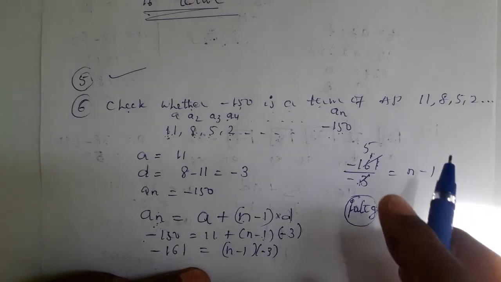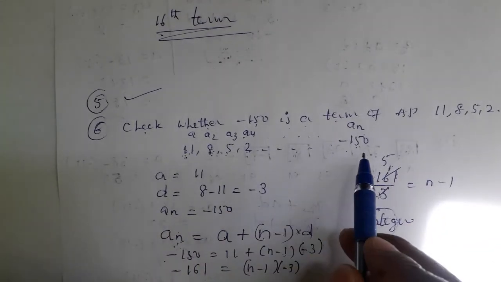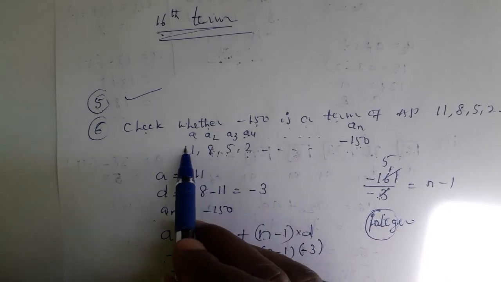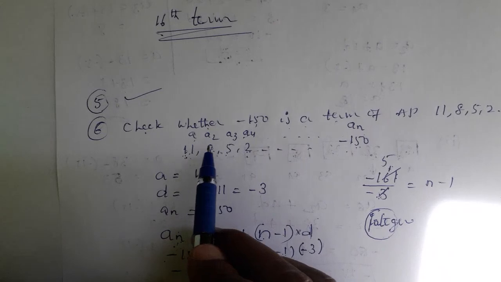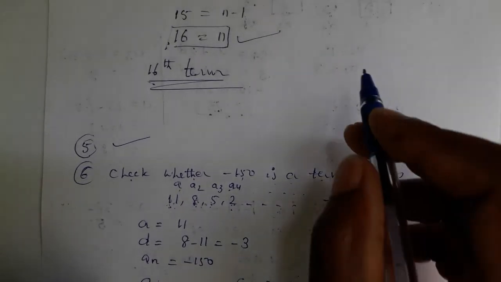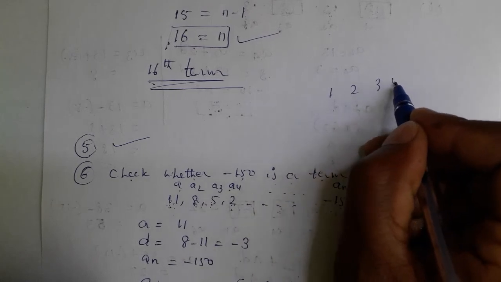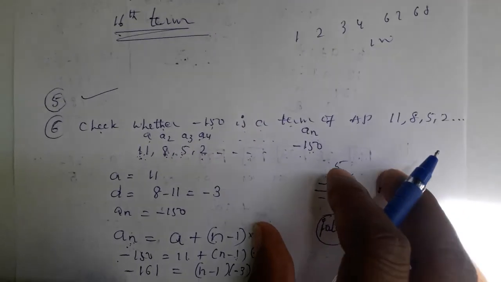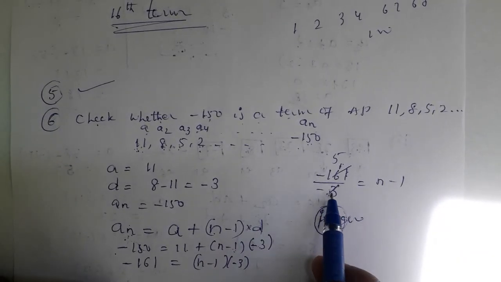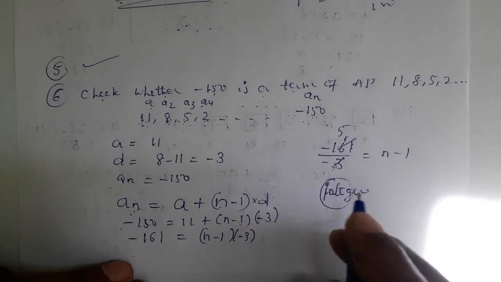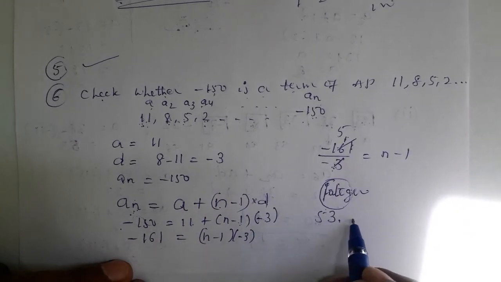Try to understand. See, for every position we give a round figure. Look, the first sitting is a1, second sitting a2, 3, 4, 5. Like that, position is always given by 1, 2, 3, 4, 67, 68, 100 like that. So position is given by a round figure. When you divide 161 by 3, we are getting 53.67 like that.